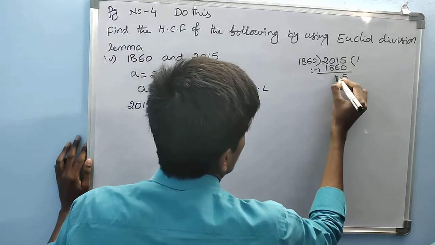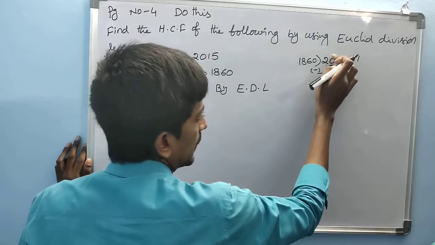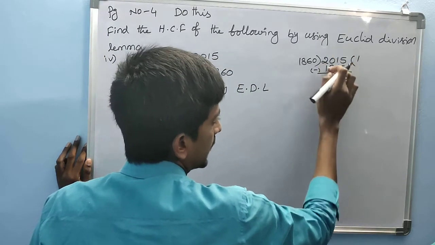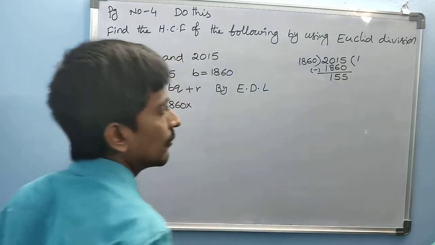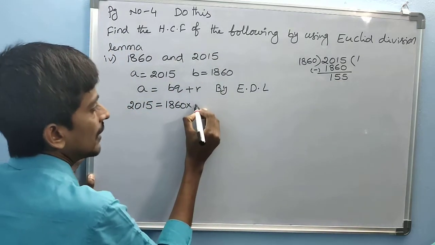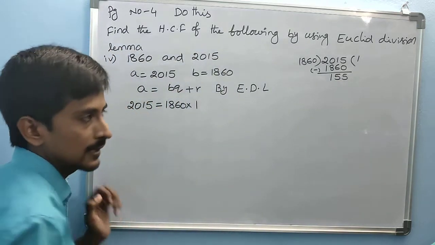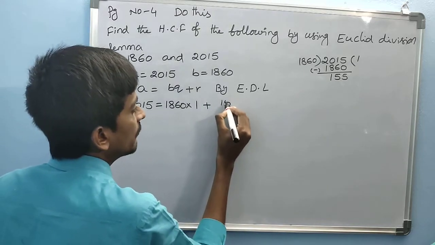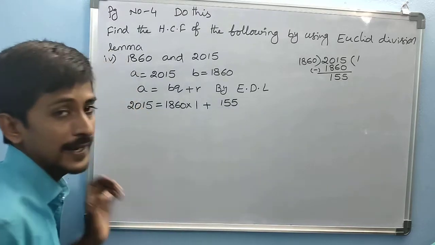Subtracting, 2015 minus 1860 is 155, so 1860 into 1 plus 155 remainder.